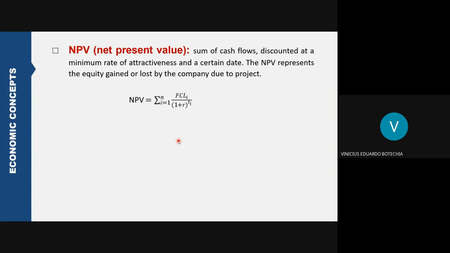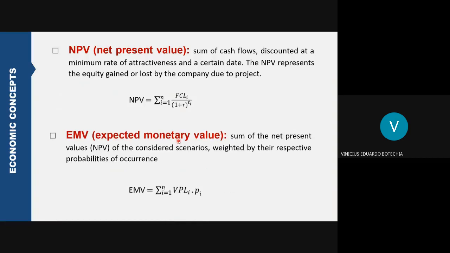It's not exactly the profit, but you can kind of say that. And this is used mainly when you're in deterministic or nominal cases, right? So when you're considering uncertainties, you have to use the other indicator.